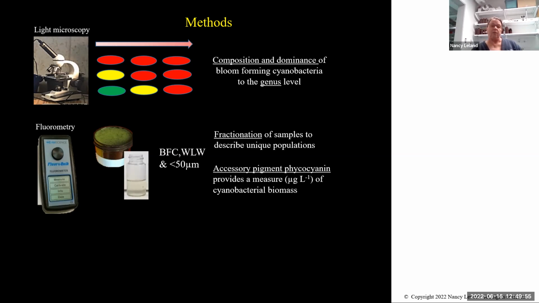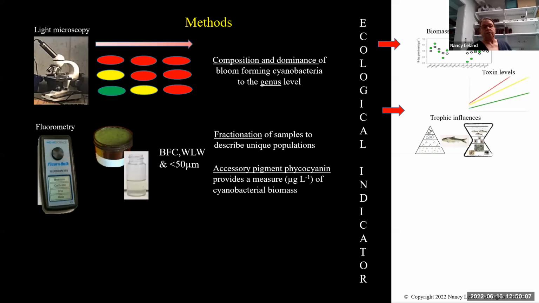So we're basically able to break them into groups by doing the fractionation, so we can have discussions about our BFC samples, our less than 50 micron size samples. And within that, just that information from the light microscope and the fluorometry, we are able to have some ecological indicators that we work with, and we can address some of the issues that may be associated with them.